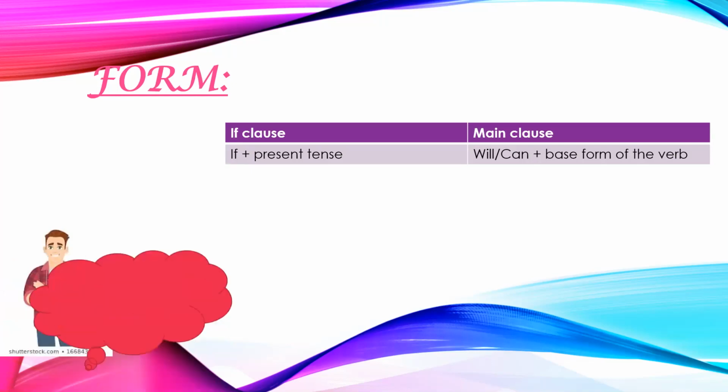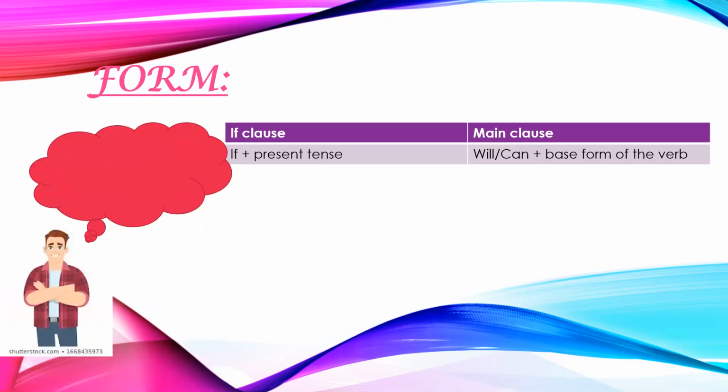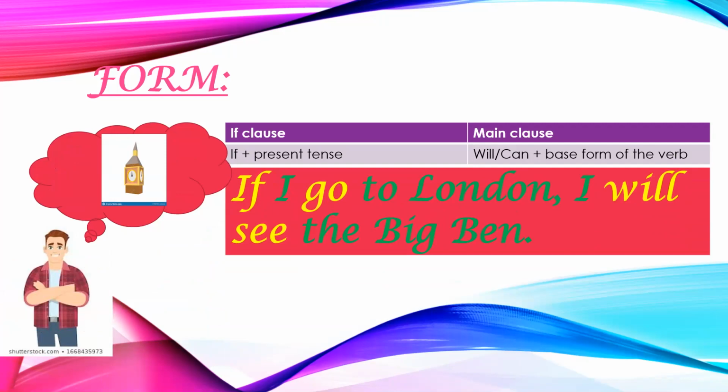Okay, let's see the example. There is an example here that shows you the rule. If is followed by present simple, which is go, and the main clause is followed by will plus the base form of the verb, which is see.